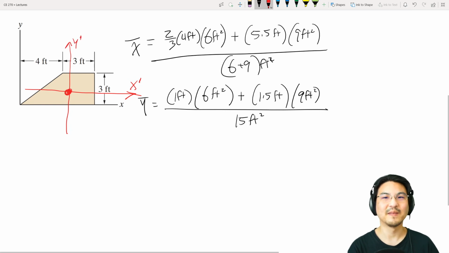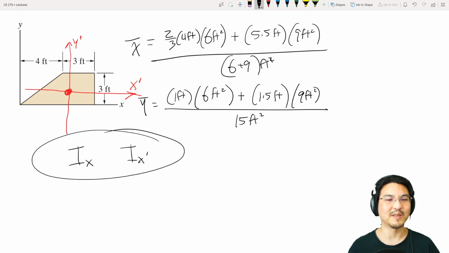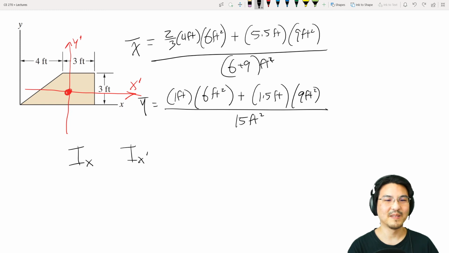How do you do that? We already solved for Ix and Iy and Ixy. So how about here and here? Ix prime. Which of these is more? We solved this one earlier. We're looking for this. So let me switch it around the other way.